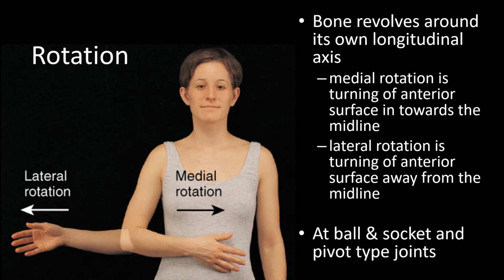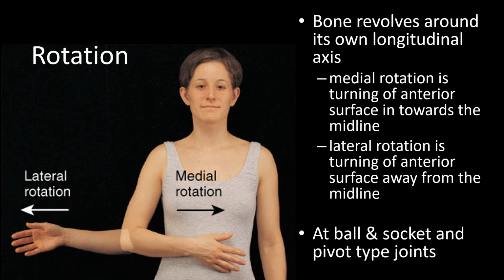Here we have an example of rotation occurring at the shoulder joint. So this woman here is keeping her elbow in a locked position. There's no movement occurring there. Instead, she is rotating the humerus within the socket at the shoulder. Imagine that we could put a point of reference onto the anterior surface of the shaft of the humerus.